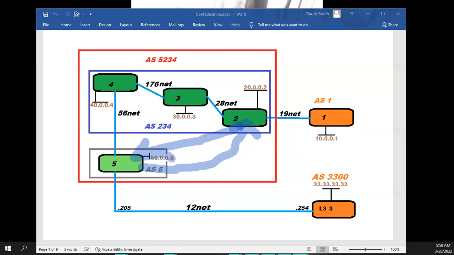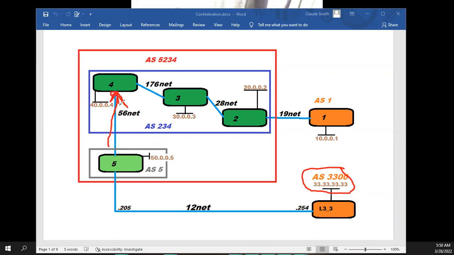At the same time, we have to look at this from the standpoint of coming from autonomous system 33 down here. Autonomous system 5 learns about this external network down here, 33.33.33.0. It sends it to its brother router right here, number 4, through a Confederation intra connection.